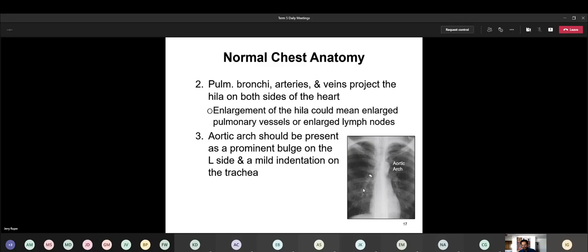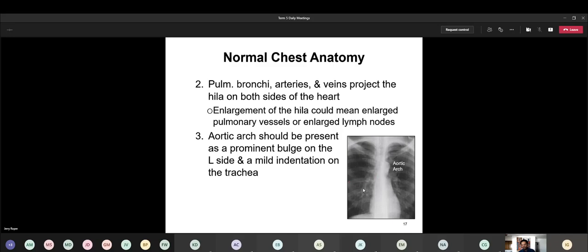And then as far as all of this wispy looking stuff out here, all these little streaky things, that's normal. That's all of your lymph vessels, your pulmonary veins, everything that's supposed to be there in your hilar area will show up almost like a spider web.